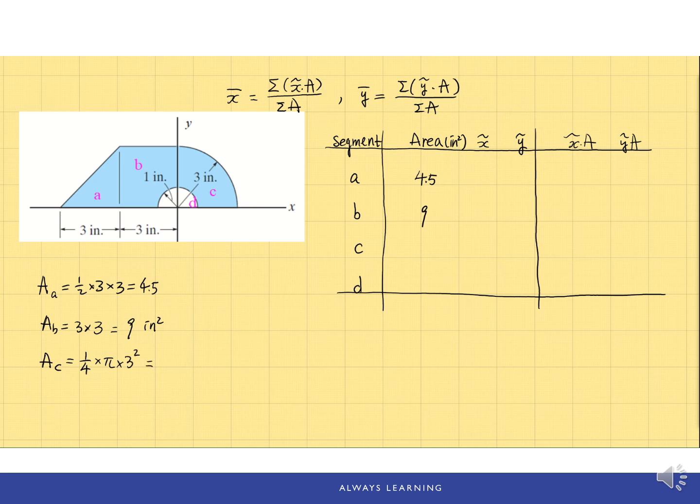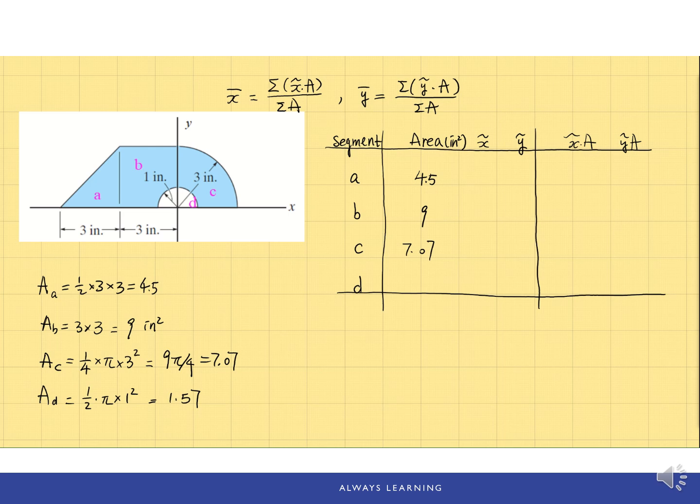So this will give us 9 pi over 4, and it's 7.07. And lastly, for D, area of D is a half circle, so half of pi times 1 squared, and it's 1.57.